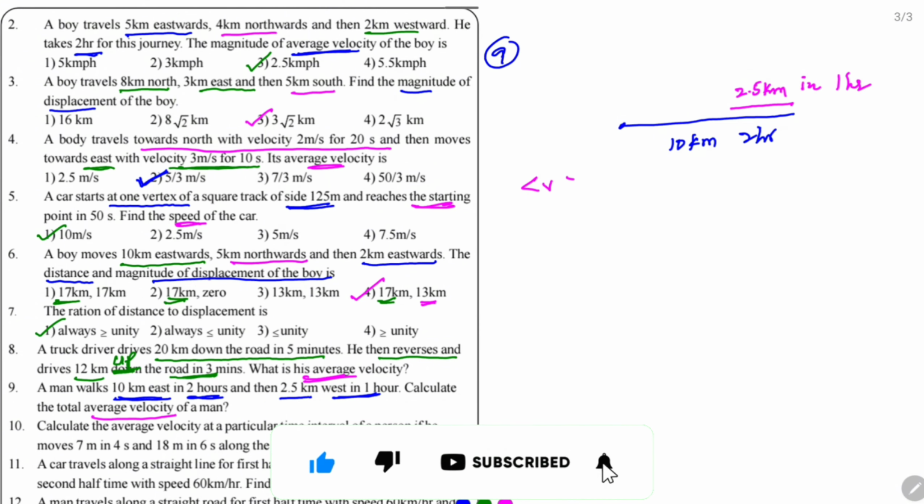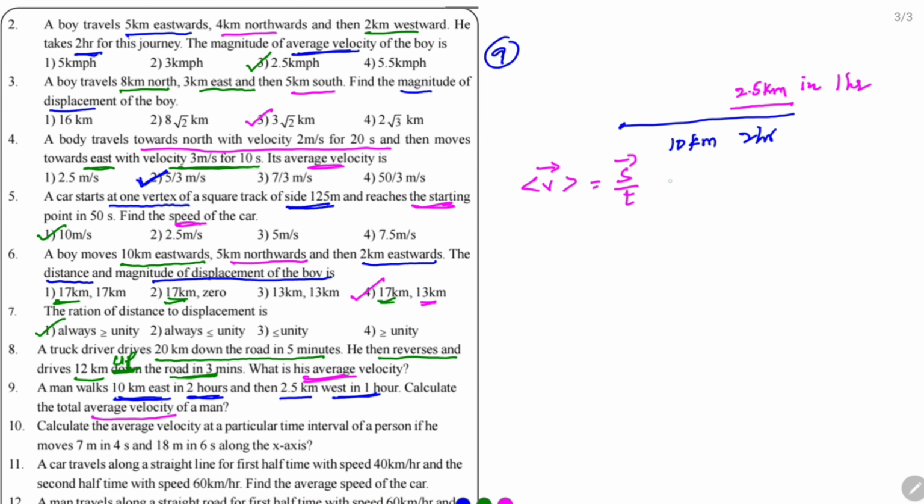Again the same. Average velocity is displacement over time. Here the total time is 2 hours plus 1 hour, which is 3 hours. Now the displacement is 10 minus 2.5, which is 7.5 kilometers.